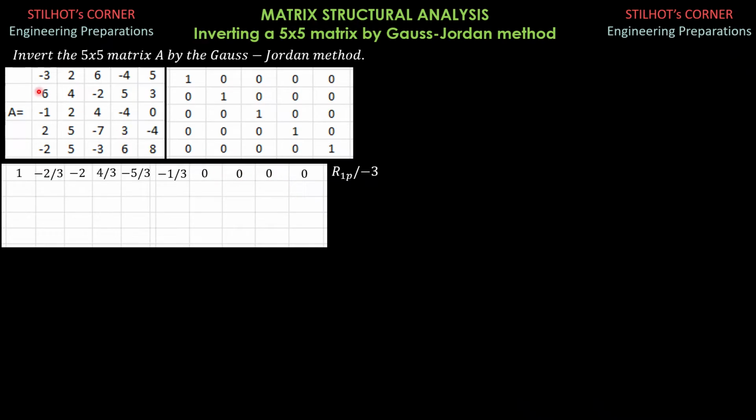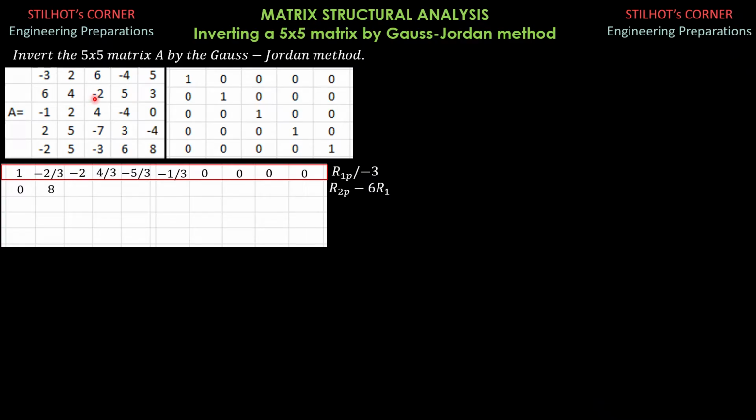Then since the previous row 2 element here should be 0, let's enclose this first as our guide. It should be row 2 previous minus 6 times row 1. So that's the formula. So row 2 previous minus 6 times row 1, which is 1, so it's 0. 4 minus 6 times -2/3 is 8.